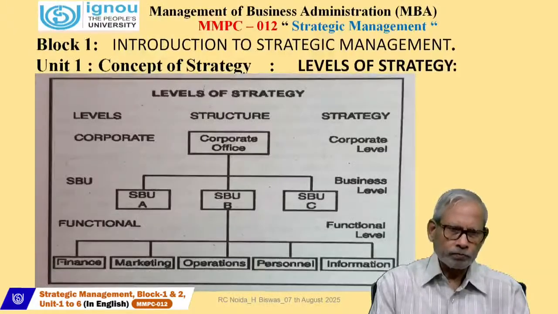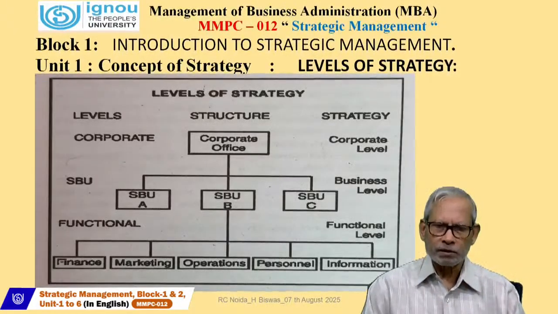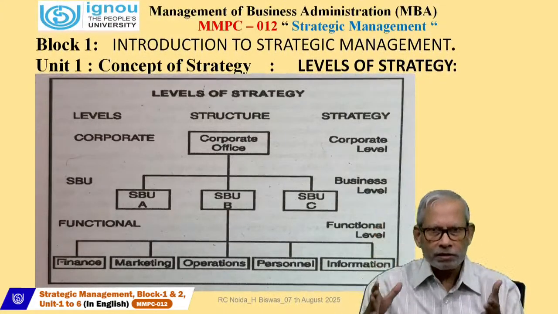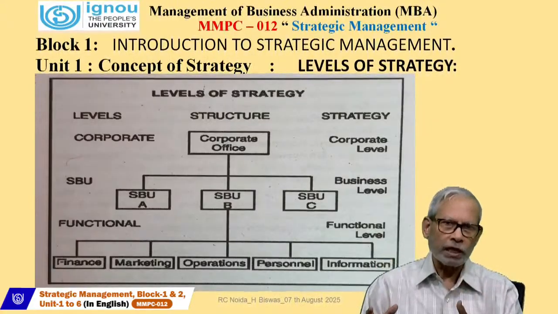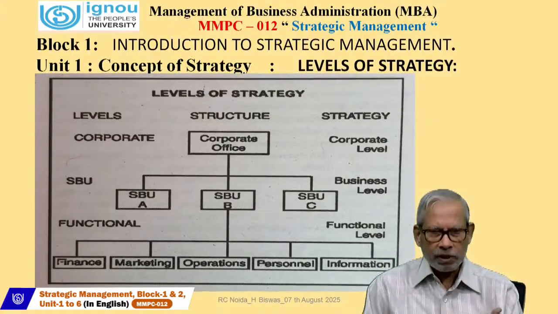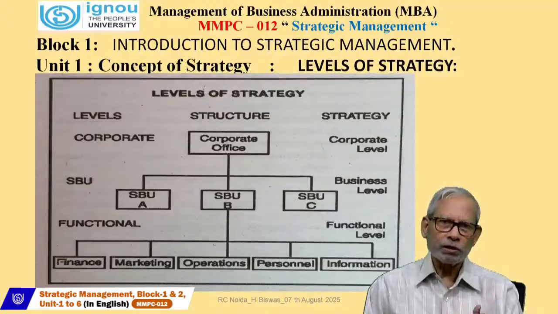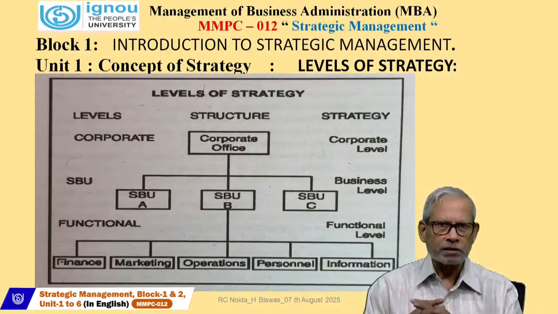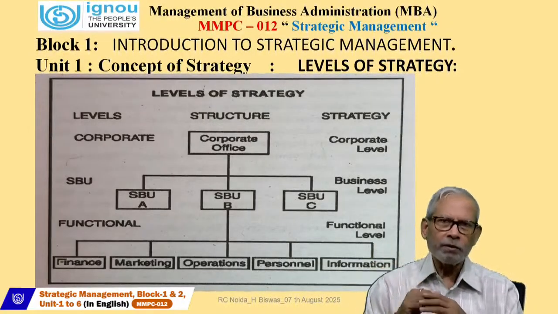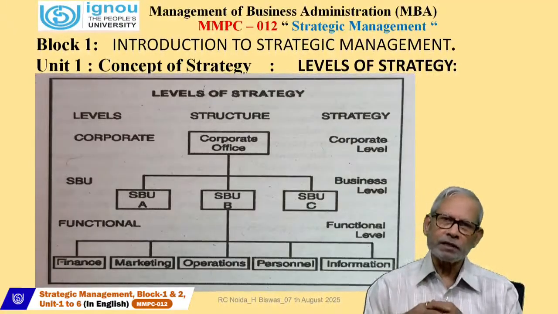Now next, see the levels of the strategy. As I said, every organization has a structure, and there is also a hierarchy system. Similarly, in strategy also a hierarchical structure should be there. Which levels, what type of strategy should be there?